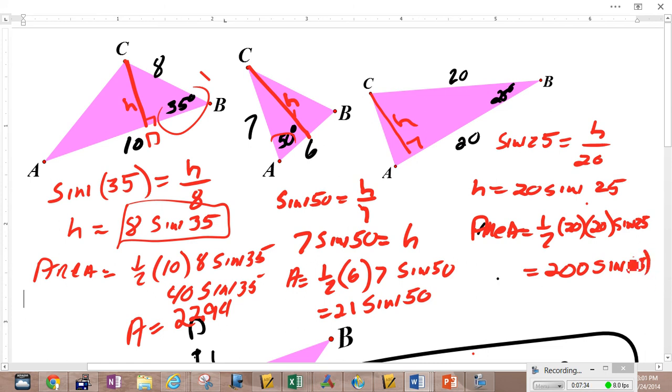The shortened formula. Once we look at it, we see what do we have? We have two sides of a triangle and the angle in between. It's like an SAS. It's two sides and the included angle. And can you see what the formula says? The formula says it's 1/2 the product of those two sides and the sine of the angle in between.